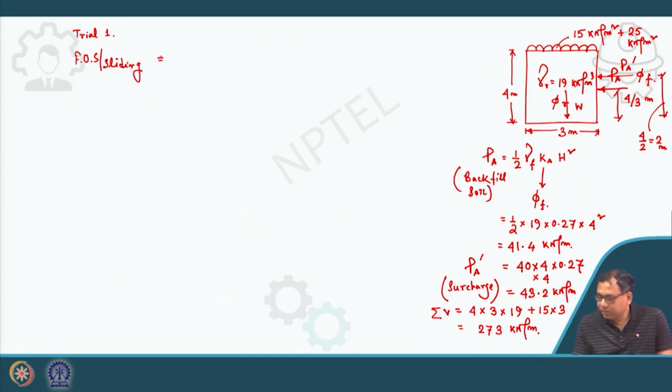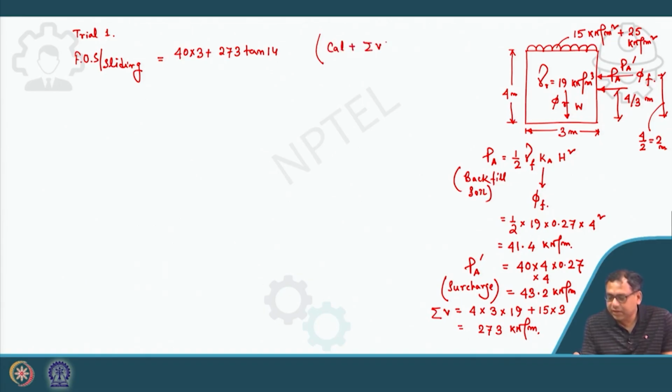That is equal to your adhesion value 40, length 3 meter, total vertical force 273 into tan delta base. So I can write that it will be C_a L plus summation of V into tan delta base, divided by summation of H, all horizontal forces.